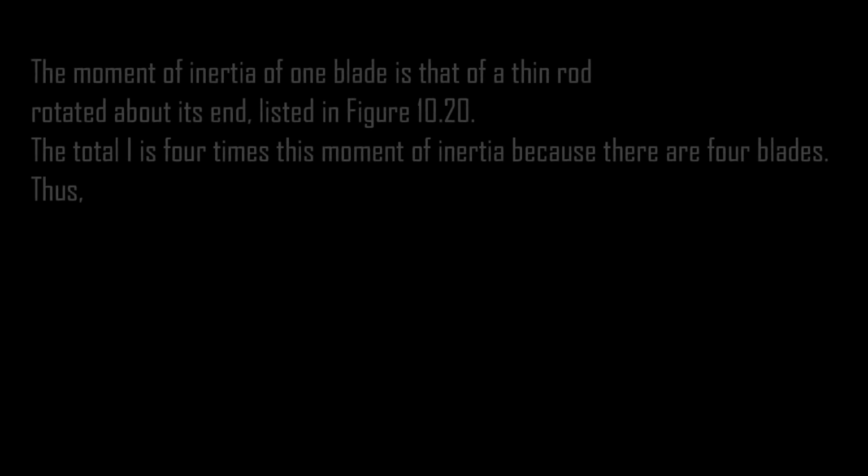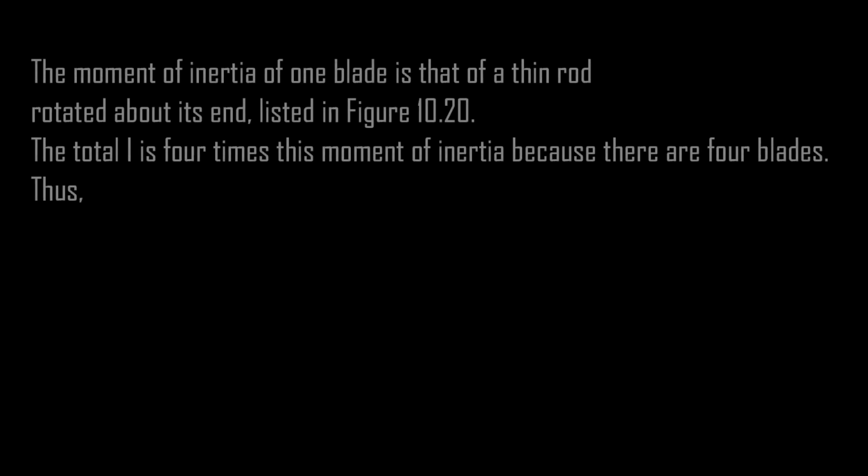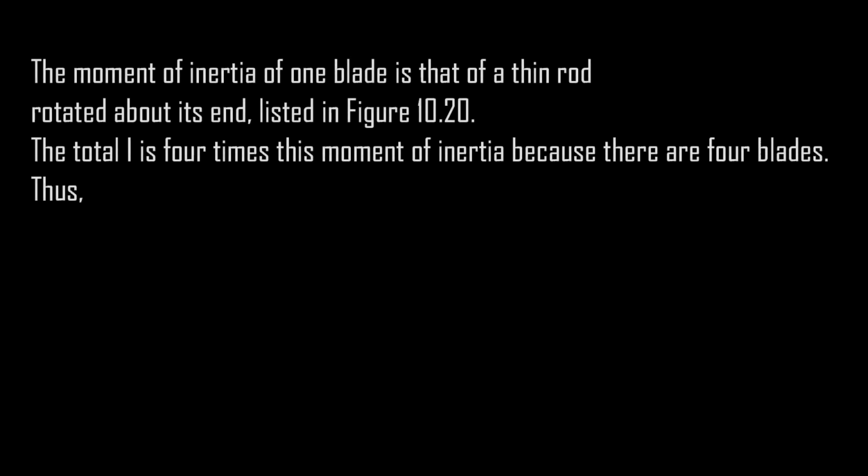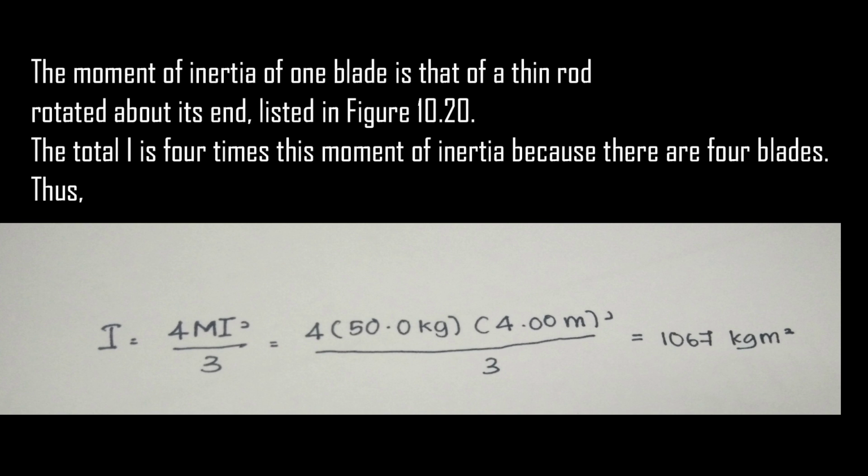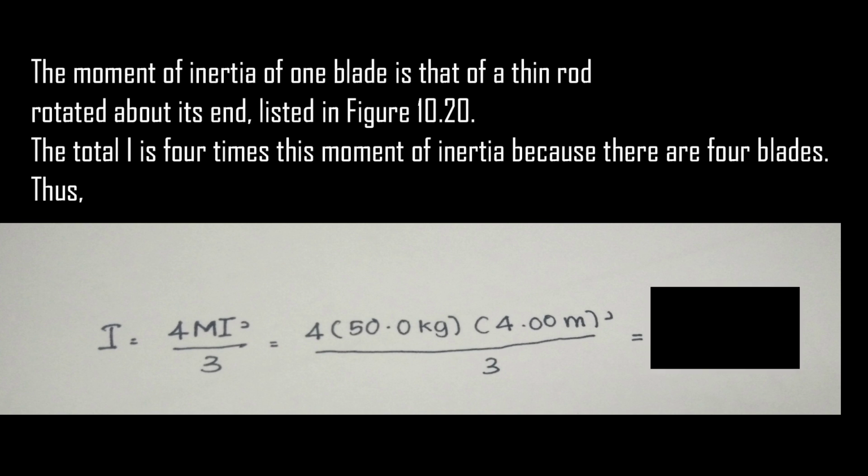The moment of inertia of one blade is that of a thin rod rotated about its end. The total I is 4 times this moment of inertia, because there are 4 blades. Thus, I = 4ML²/3 = 4(50 kg)(4 m)²/3.